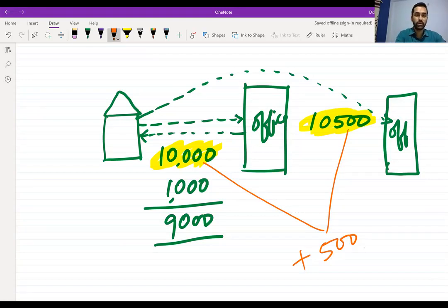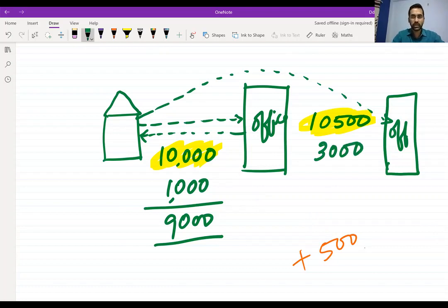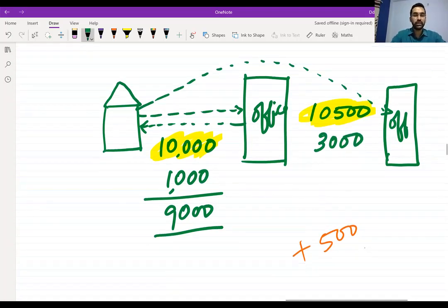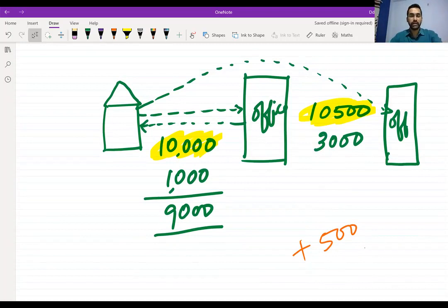What is that? To go to this office, how much is my traveling cost? Suppose that traveling cost is 3,000 rupee. You will earn 500 more, that's plus 500, but you will spend 2,000 more, that will be minus 2,000.